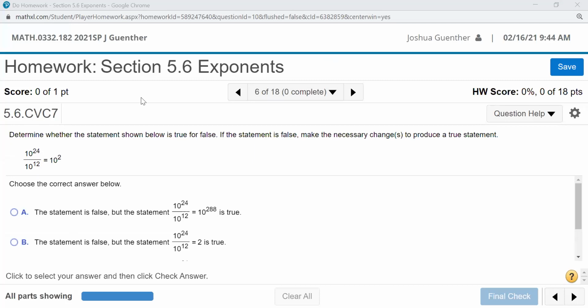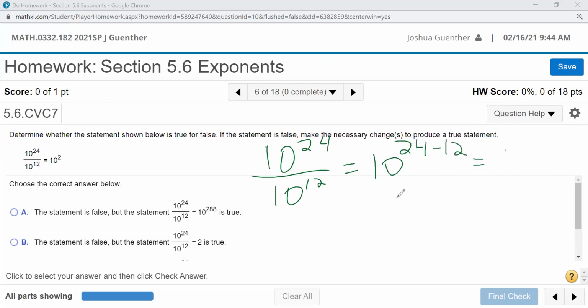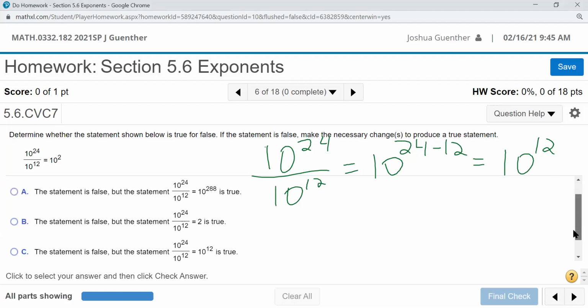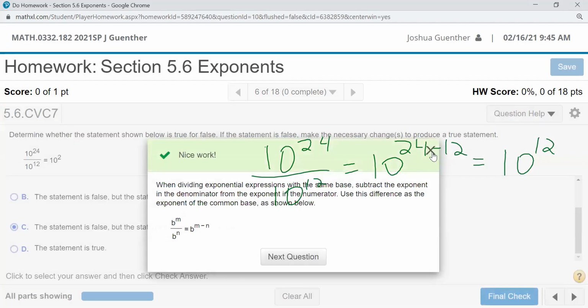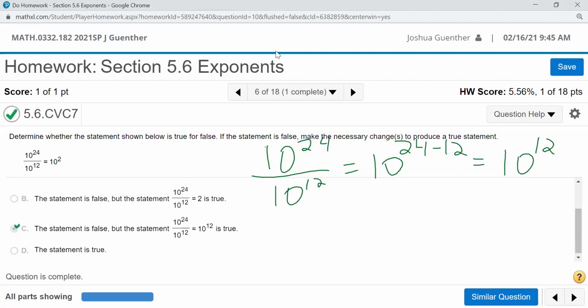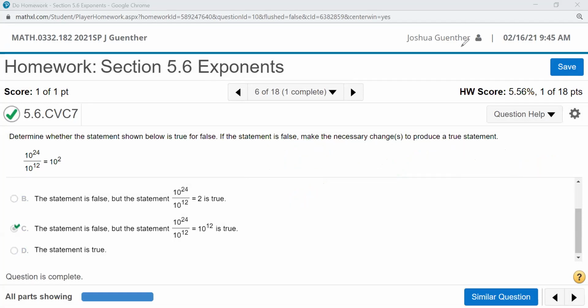You're tempted to say that's true, but that's not true. 10 to the 24th divided by 10 to the 12th, we do subtraction according to the quotient rule. That's not true at all. You're going to get 10 to the 24 minus 12, which is 10 to the 12. So that statement is false, but the statement 10 to the 24th over 10 to the 12th equals 10 to the 12th is true. So that one was just trying to trip you up a little bit.